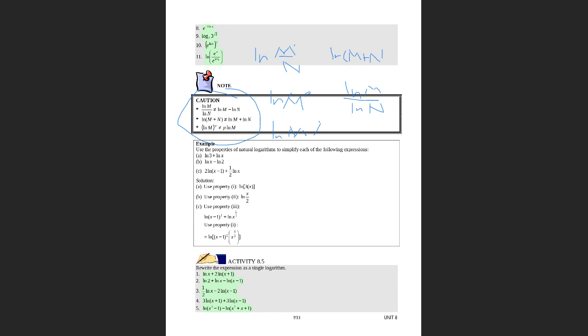But when it is like this, you cannot bring the p forward. So please, you must note some of these errors that you make. Any questions?